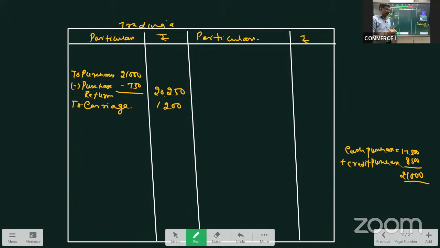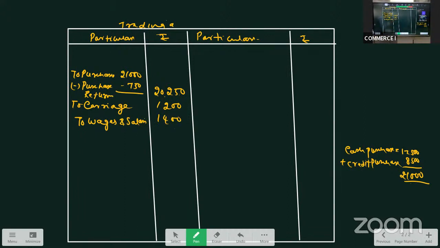He gave wages and salaries. We should see what is the first word. Wages is the first word. Wages will appear in trading. So if wages and salaries are given, we take it in trading account. And if salaries and wages are given, we take it in P&L account. What is the amount given? Amount is 1400. I'll take it on the debit side.